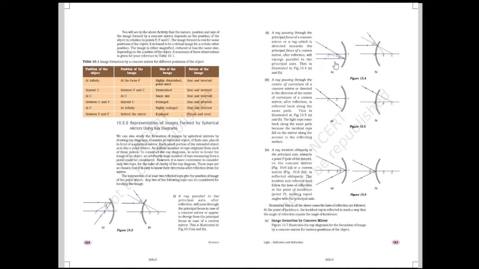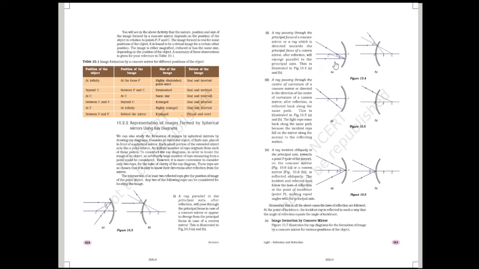But the third rule says a ray passing through the center of curvature of a concave mirror, or directed in the direction of the center of curvature of a convex mirror, after reflection is reflected back along the same path.